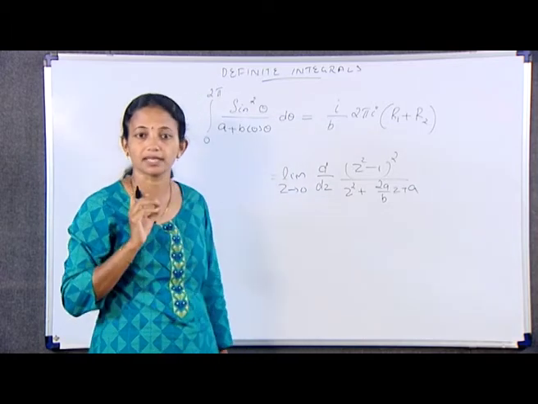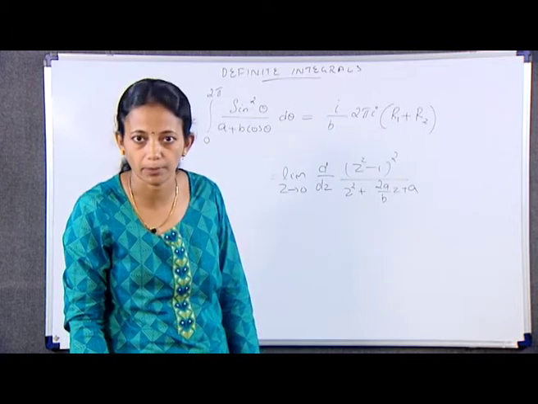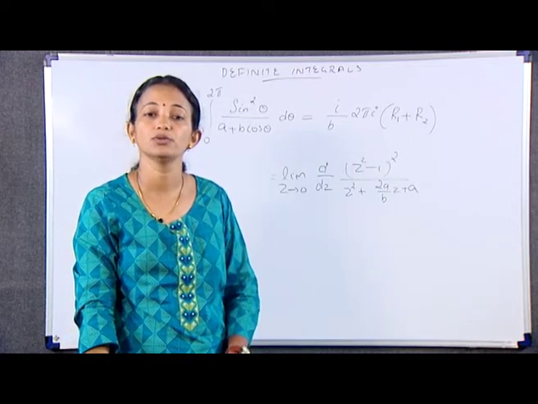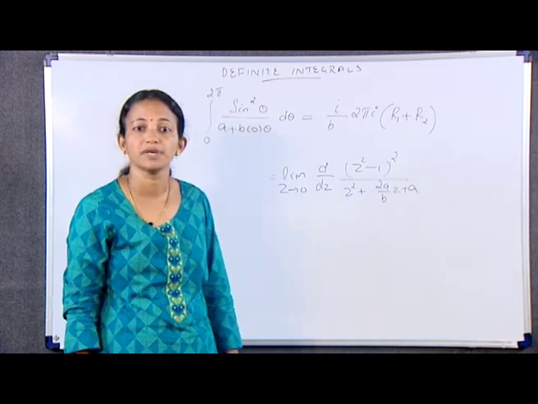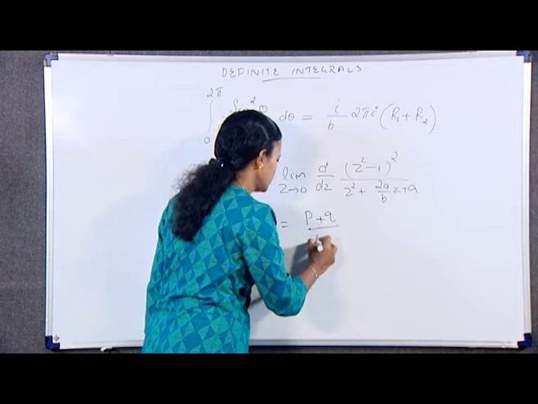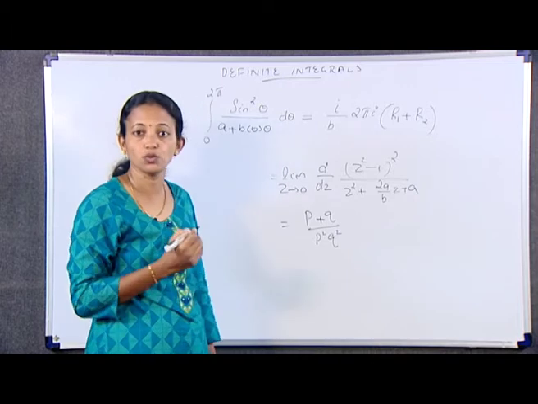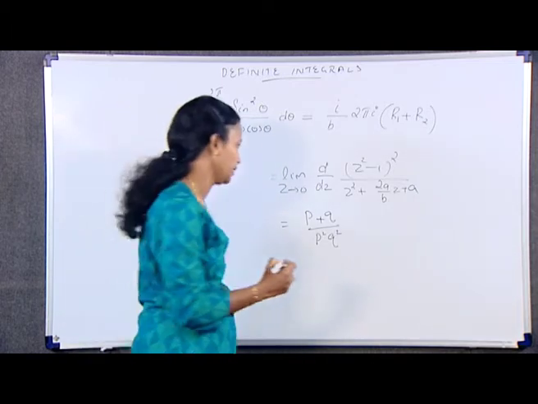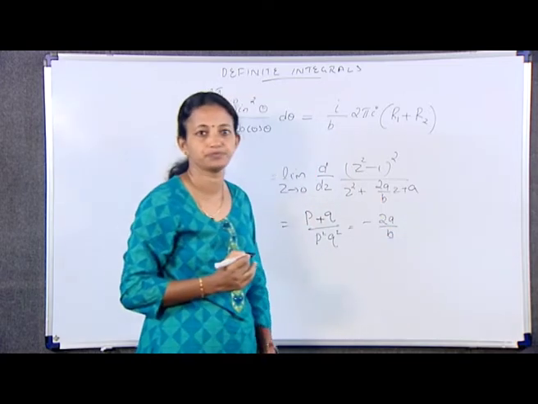That is limit z tending to 0 d by dz of (z square minus 1) whole square by (z minus p) into (z minus q). That is equal to (p plus q) by p square q square, which is equal to 2 minus 2a by b.